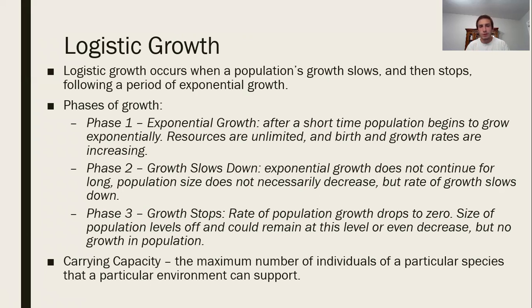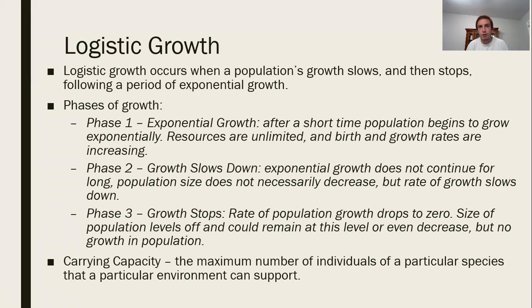It doesn't continue for long. The population size doesn't necessarily decrease, but the rate of growth is going to slow down from what it was. And so we're not in that J-shaped fashion anymore. We're going to have that J shape, and it's going to have a little bit of a hook on it.